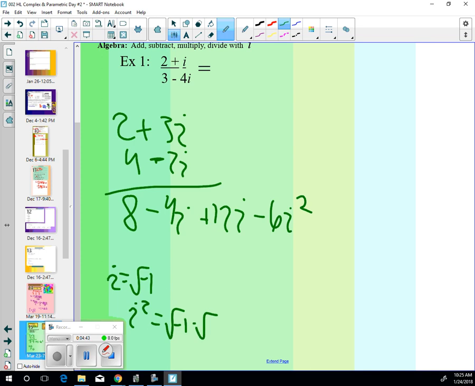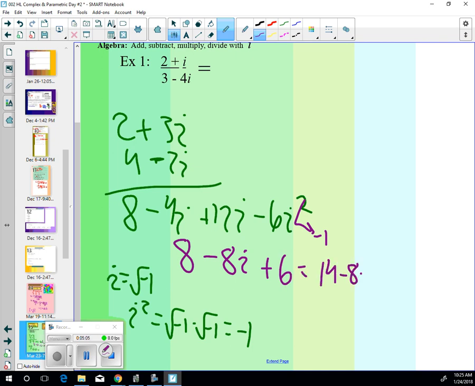It is negative 1. Okay, not 1. You need to go to the 4th power to get to that. So this could simplify to 8 plus 8i. And then this is negative 1. So what's negative 1 times negative 6? Plus 6. So multiplying these two, you're going to get 14 plus 8i.